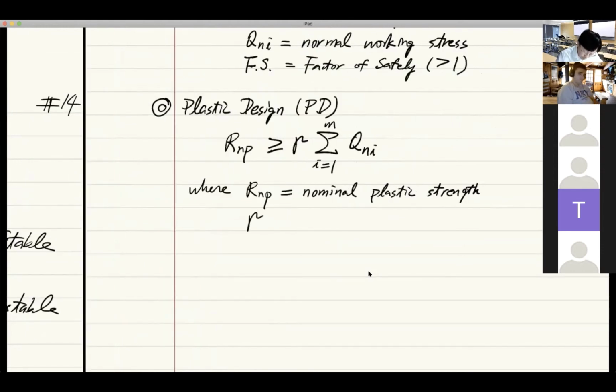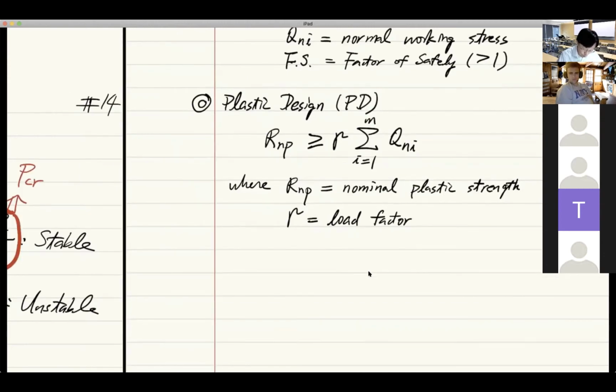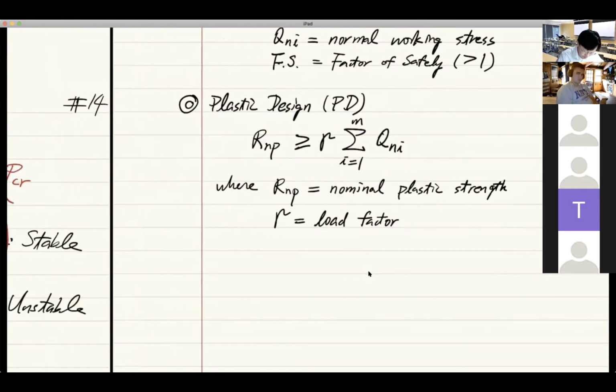And this coefficient, or this factor gamma, is what we call load factor. So in plastic design, the margin of safety is achieved by amplifying the loading. Or in other words, by reducing the strength.